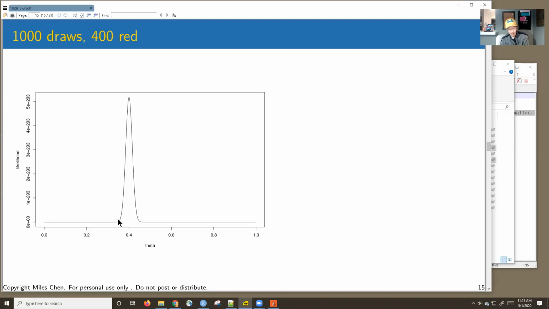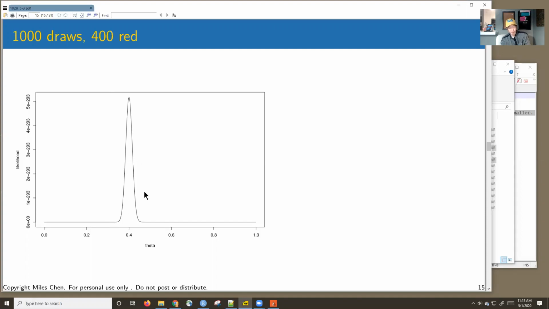But anything lower than, say, 35% or higher than 45% becomes almost impossible. If the pouch is only 35% red, how do you explain that I got 400 red? The likelihood of getting 400 red if the true probability is 35% is very low, because I'm getting a lot more red than I should be.